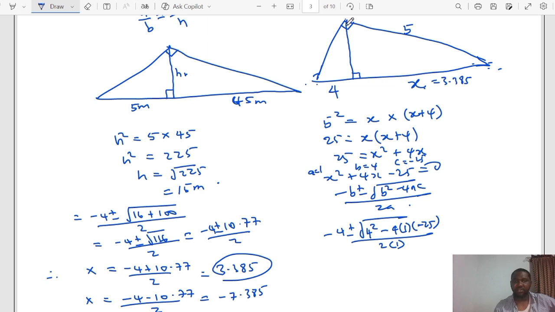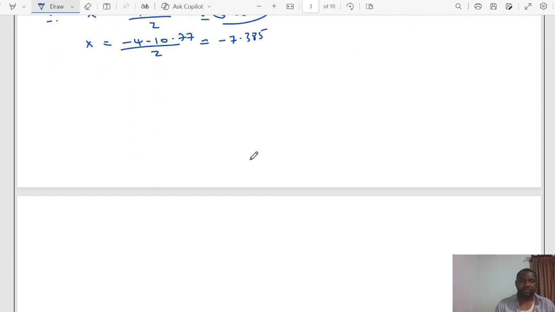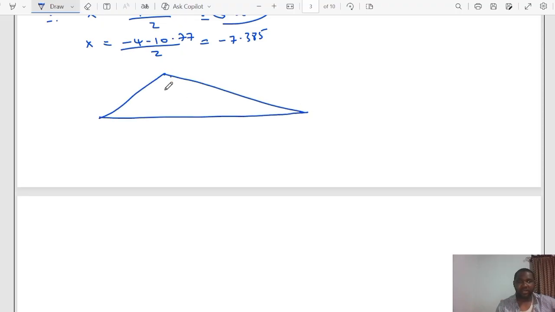So please, you should notice that the square of this side is equal to this times the other side. Then let's do one more. Let's say you have the same thing here, like this. But this time around, this is what you have.